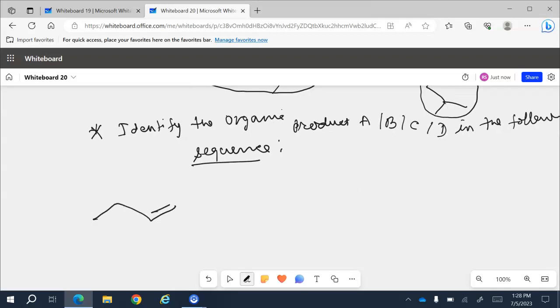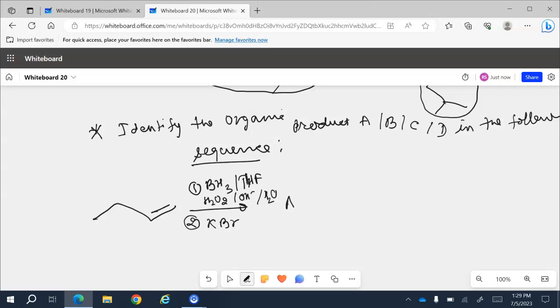You have your alkene, and first of all it is reacted with number 1 BH3 and THF, and then H2O2 and OH minus and H2O, and the second step is reaction with KBr.